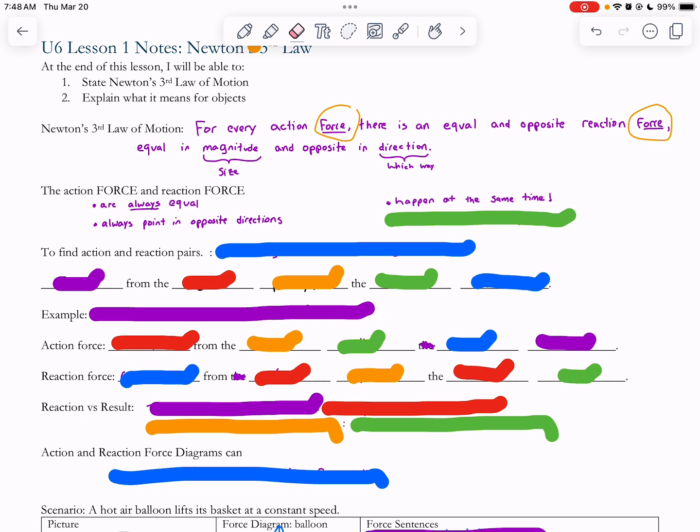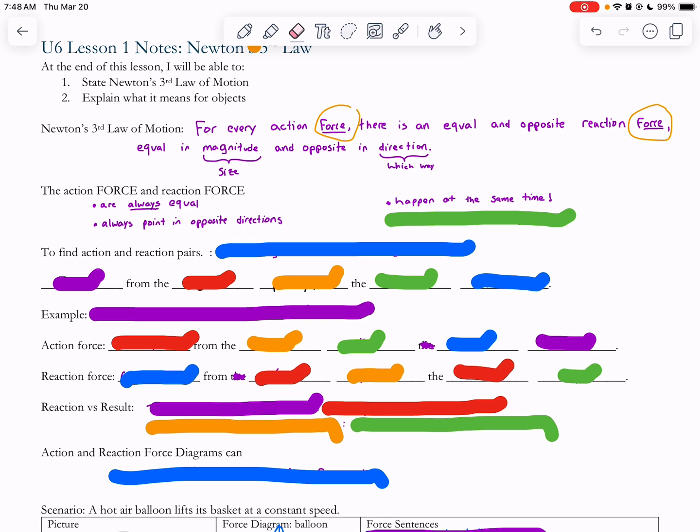They always happen at the same time. Sometimes students say, if I hit my brother, he's going to hit me back. That might be true, but that's not the reaction force we're talking about. That's what happens next.